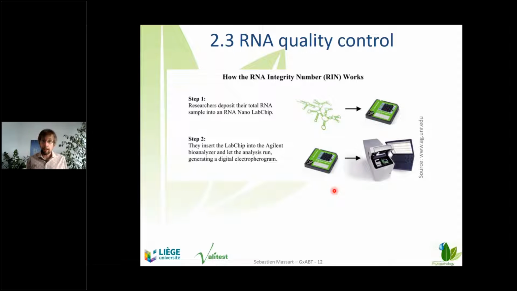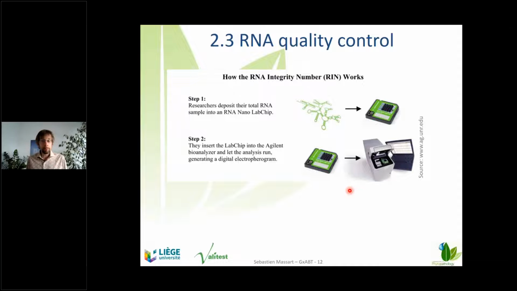It's like making an agarose gel, but much easier and much quicker. We all know that agarose gel to verify the quality of RNA can be complex and lengthy. Here, you just put on a chip, and there is a capillary migration, and thanks to phosphorescence emission, you can quantify and evaluate the size and the quantity of your RNA extract.